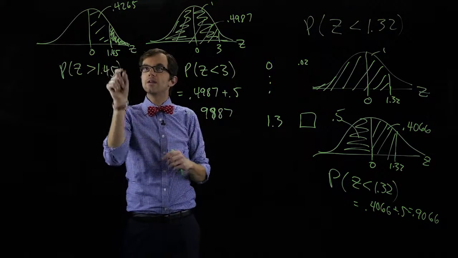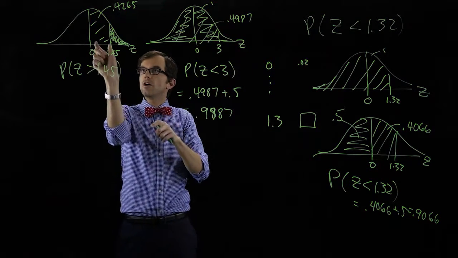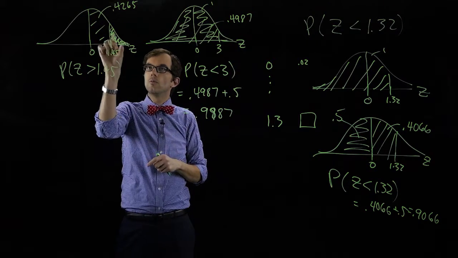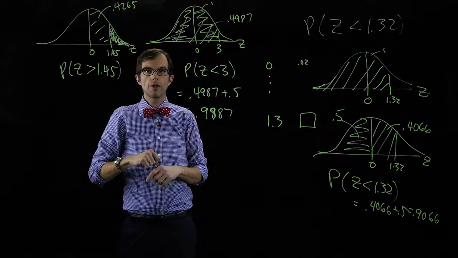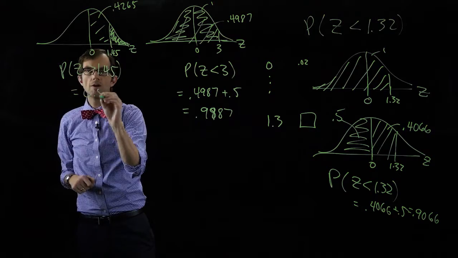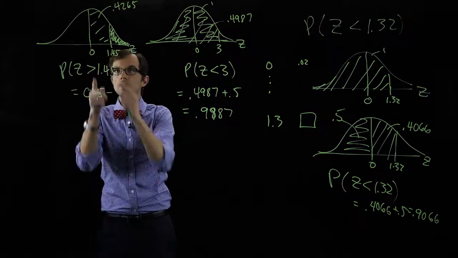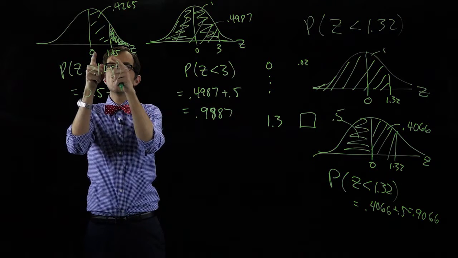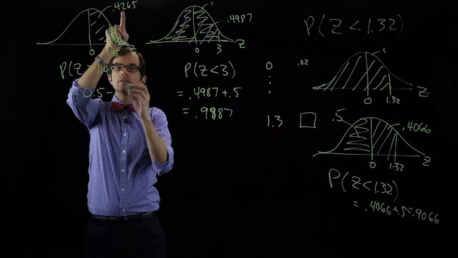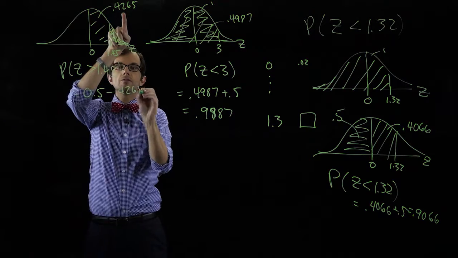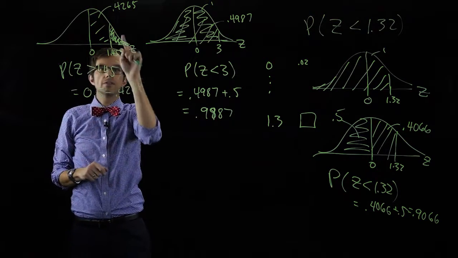So if we take 0.5, the area above 0, and subtract off the area between 0 and 1.45, that's this probability here, 0.4265, that's going to leave us this tail area.